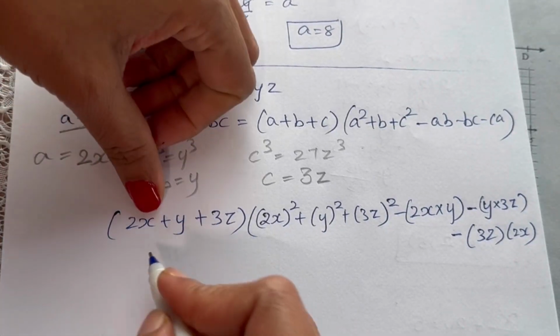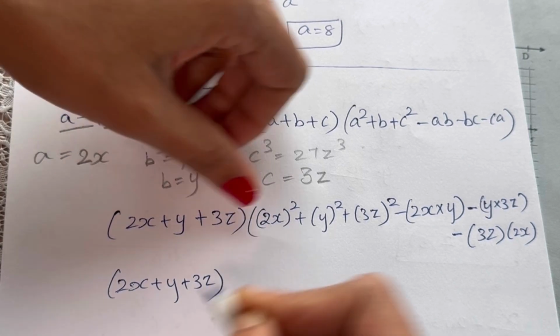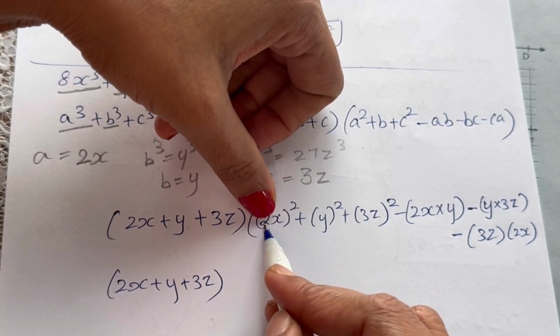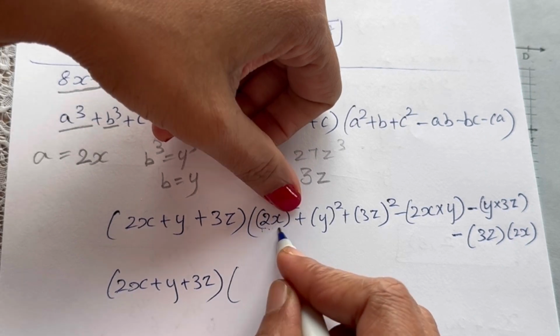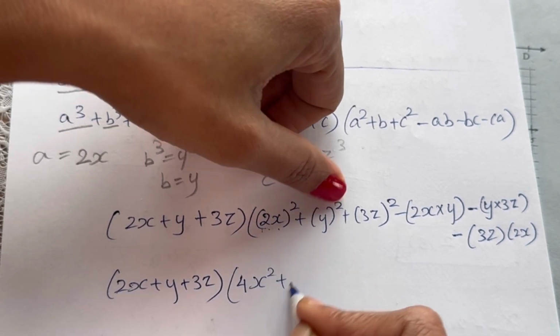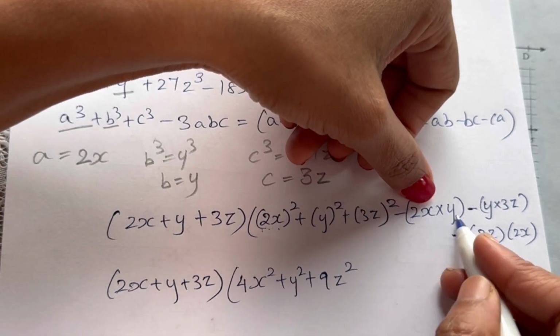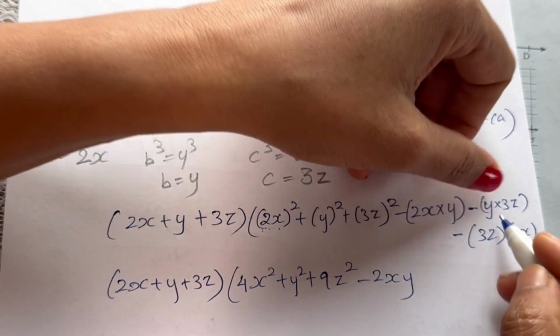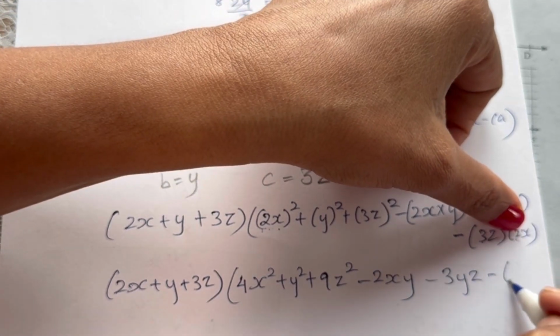And as I said already, in this kind of question, we forget to square the coefficient. So you have to square both the coefficient and the variable. So here 2 square is 4, then x square. And y square, here 3 square is 9, then z square. And the product of this is minus 2xy. Here it is minus 3yz. And here it is 3 2s are 6xz.